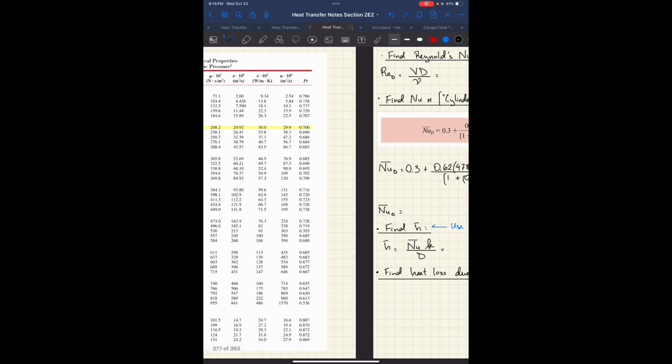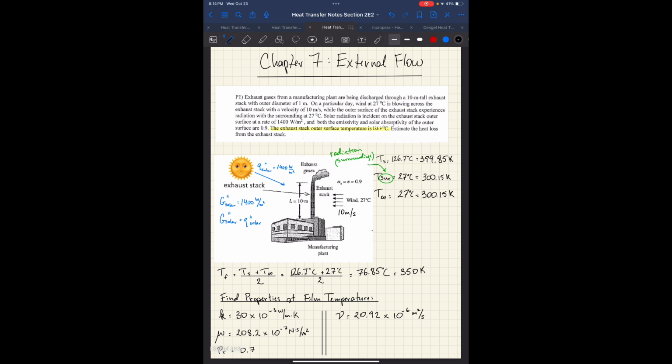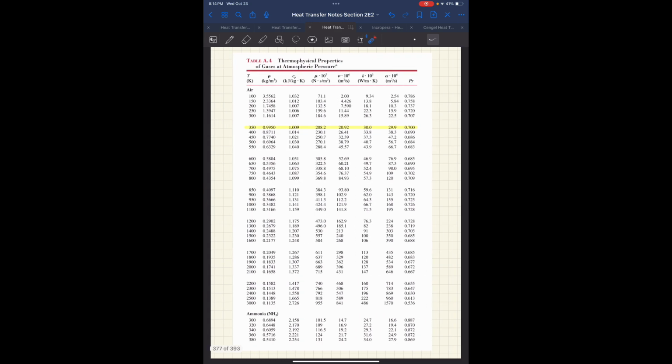So the upstream velocity, let's see what it is. Basically, it's the velocity that's unobstructed by the cylinder. So in this case, the wind is blowing at 10 meters per second, and that's far away from the stack, so it's unobstructed by the stack. So that would be the velocity that we would need.